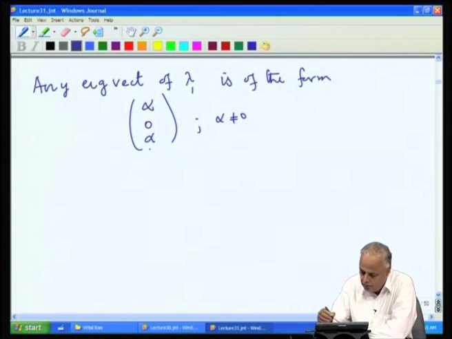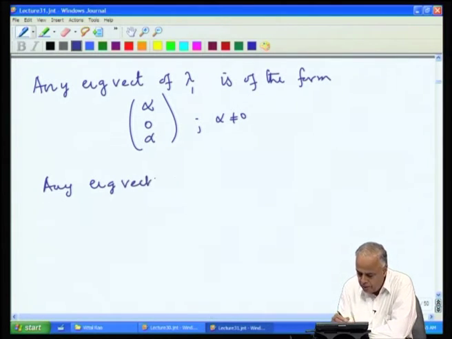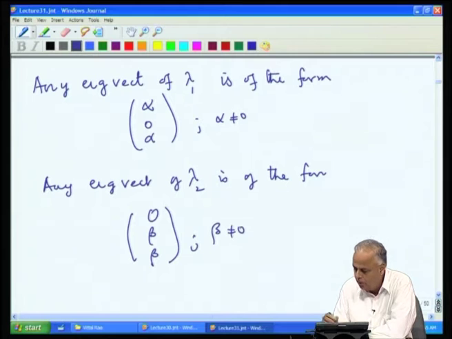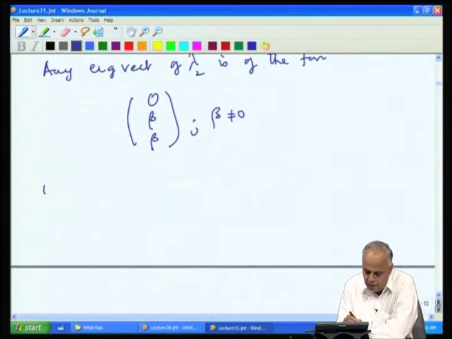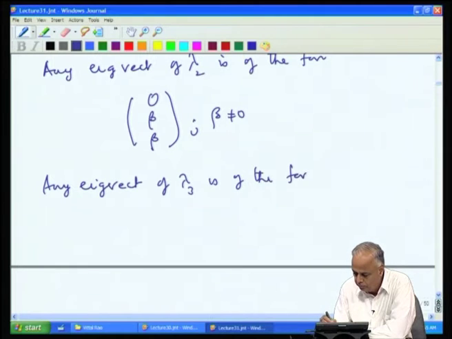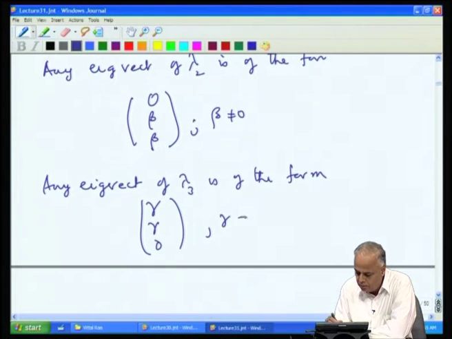Similarly, any eigenvector of lambda 2 is of the form 0 beta beta, beta not equal to 0, and any eigenvector of lambda 3 is of the form gamma gamma 0, gamma not equal to 0.